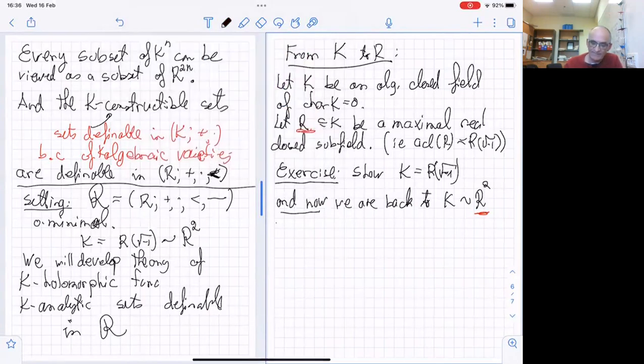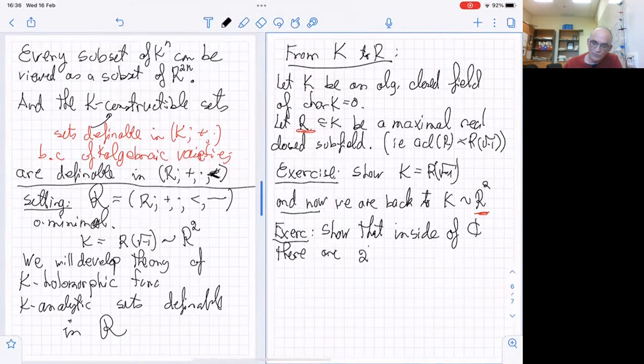Here's another exercise. Show that inside of C, the complex numbers, there are 2 to the 2 to the aleph naught non-isomorphic maximal real closed subfields.